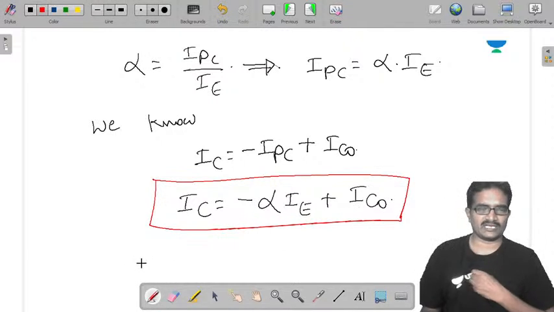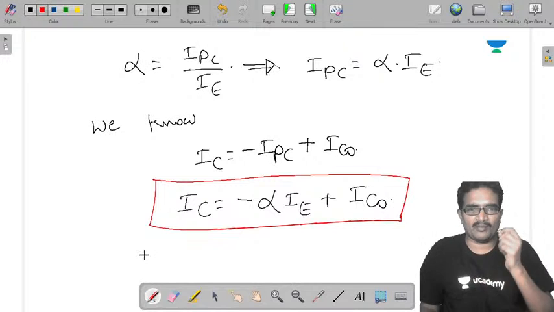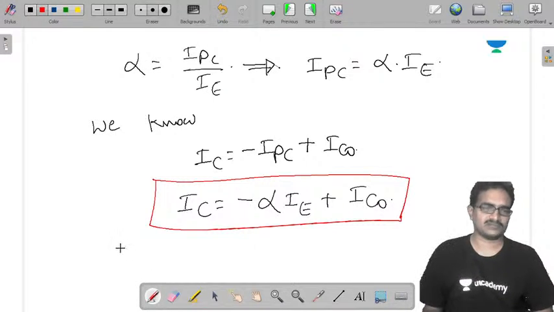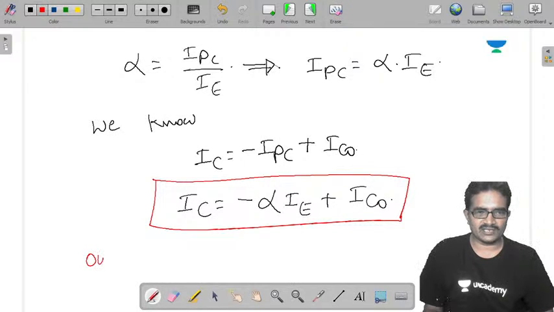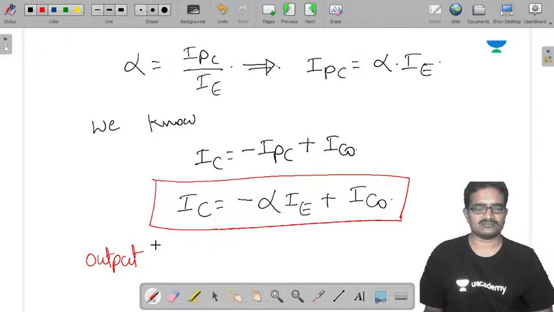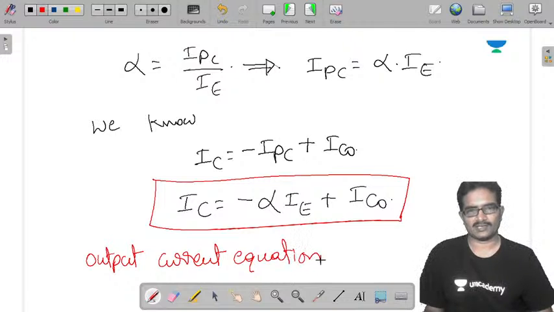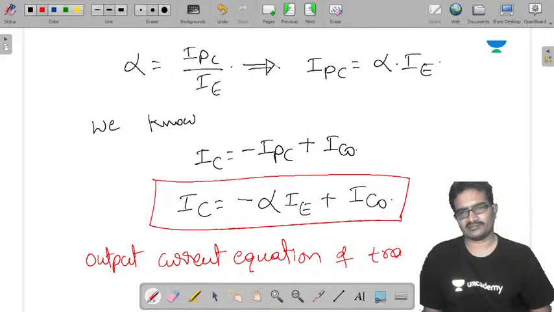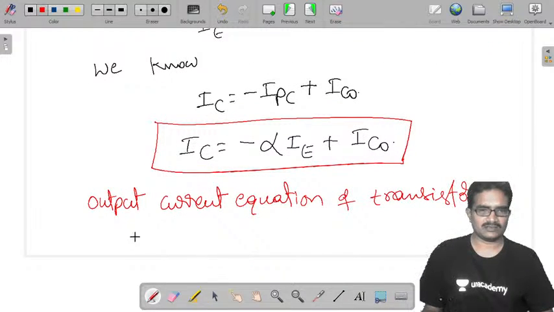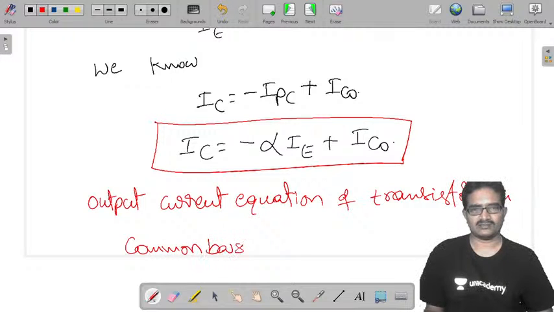This is the output current equation of transistor in common base configuration.